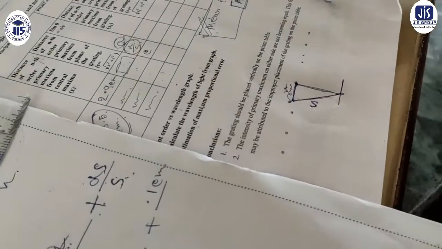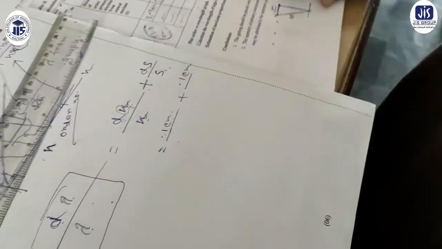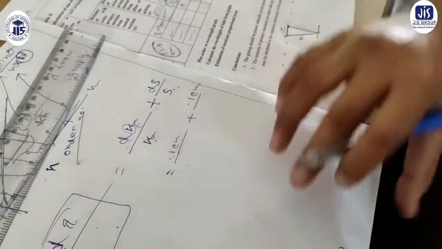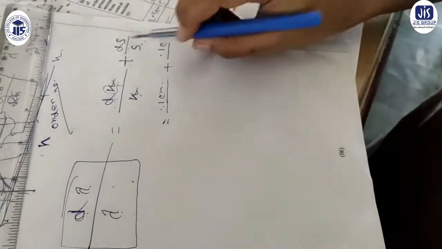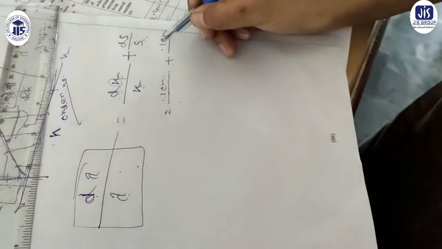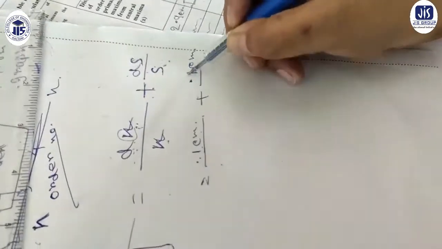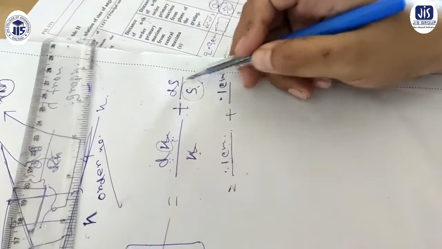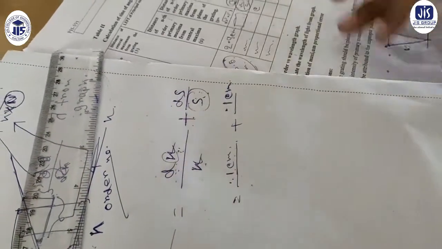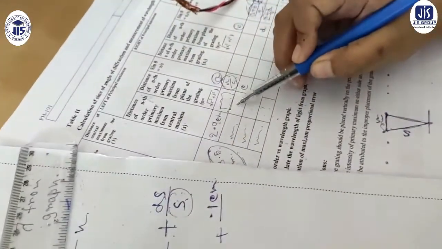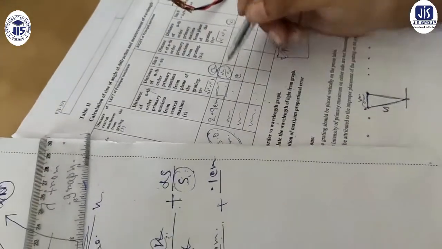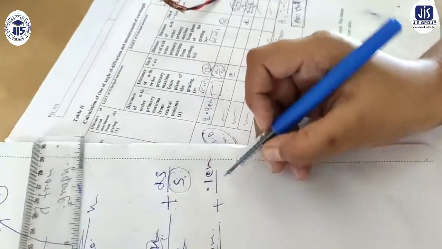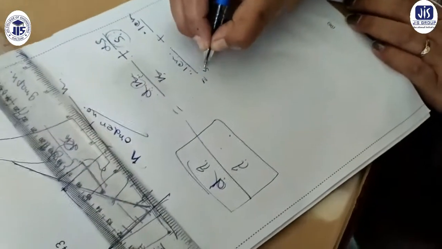S for screen distance. The smallest division of s will also be 0.1 centimeter. And we have calculated 4 s values, so we will only consider the smallest s.